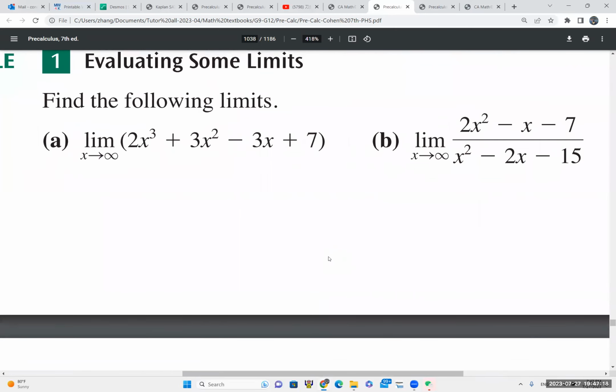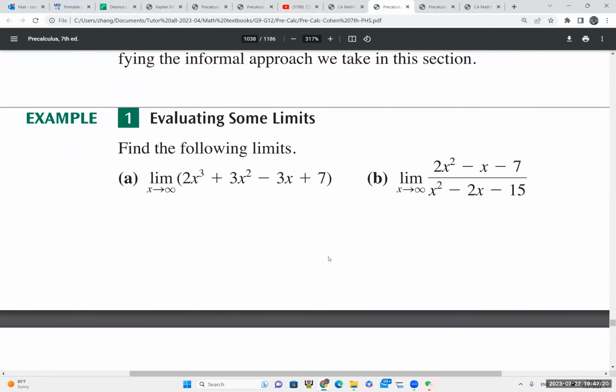Let's say this is an example. Before we see the example, do you have an idea what the limit is for this? It's probably 0, I guess. Wait, for example part A. Oh wait, it should be 7. Here x approaches infinity, not x approaches 0. So then it's infinity.